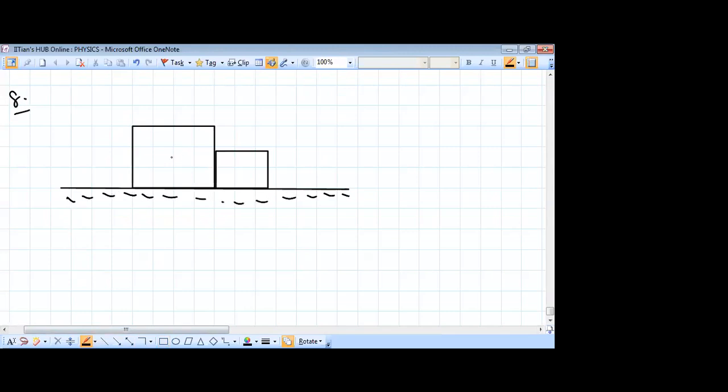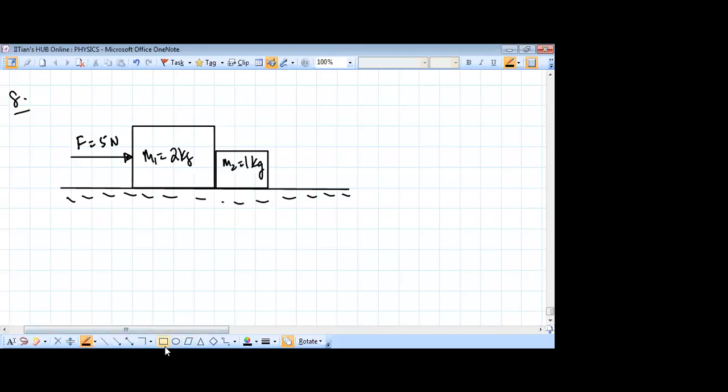So this one is 2 kg, let's say this is M1, and this one is M2, which is 1 kilogram. And we start applying an external force. Initially the blocks are at rest and we start applying an external force of 5 newtons like this.